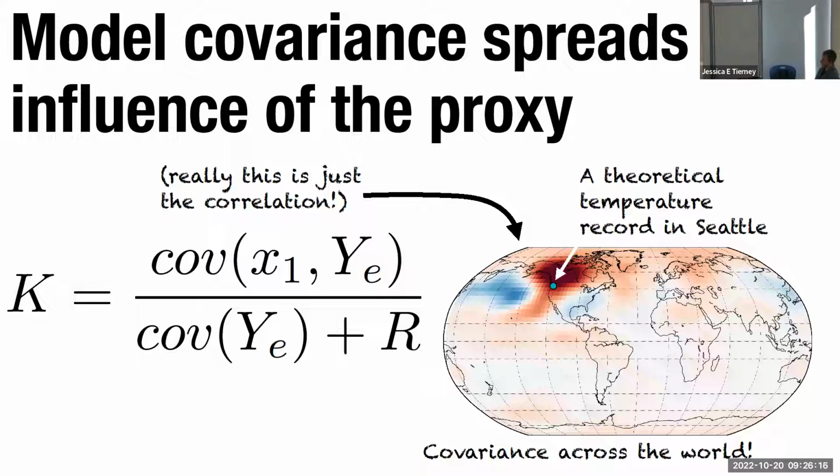Now you may have heard in the workshop people talk about localization. When they're talking about that, you can see that the covariance function has some covariance over here, or even way far away in the Southern Ocean. Maybe we think that's aphysical; we don't really want to update Antarctica from Seattle.